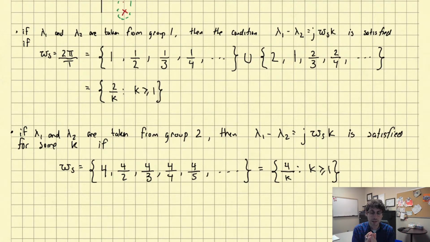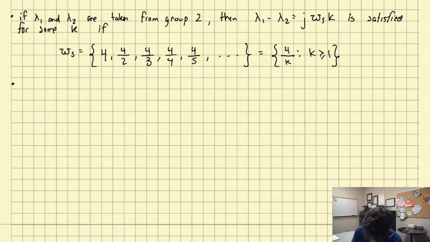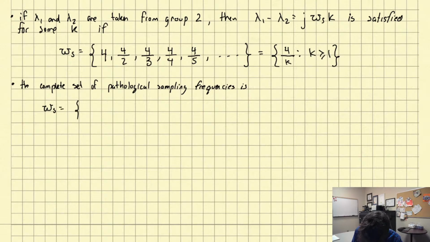Combine these two sets of frequencies, and you get all the pathological sampling frequencies. So the complete set is the ones from the first group in combination with the ones from the second group.